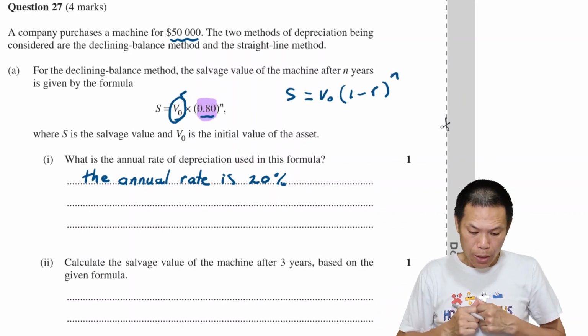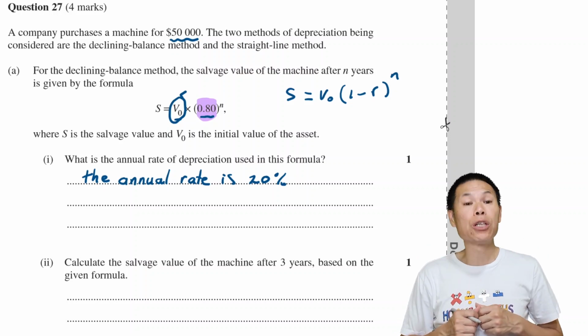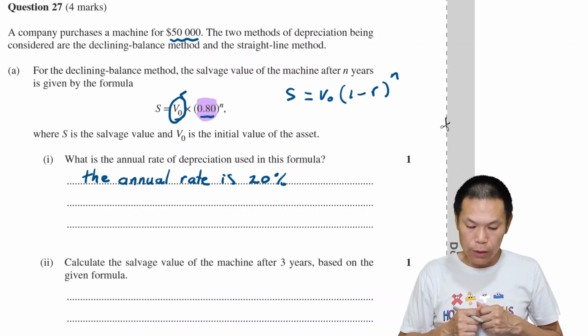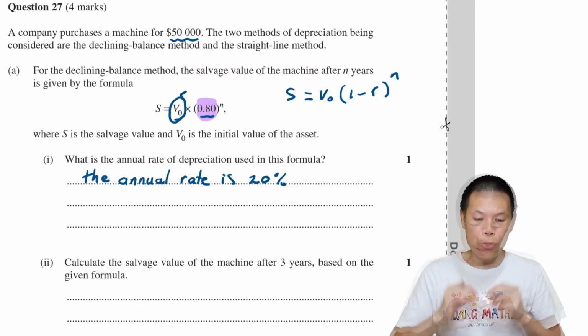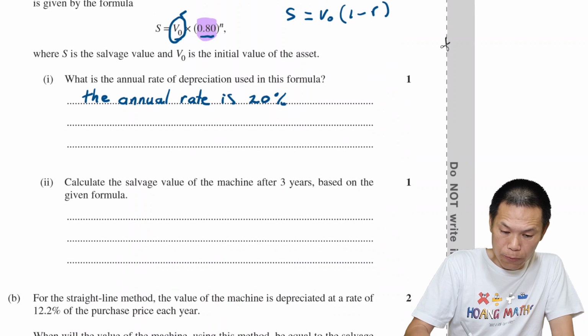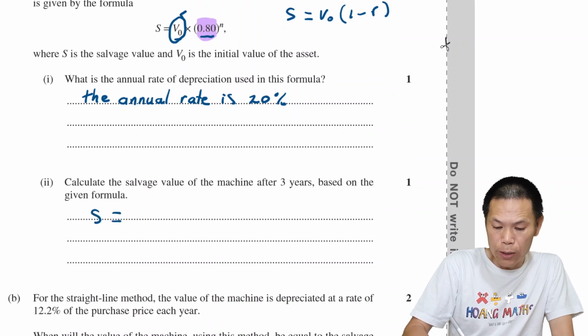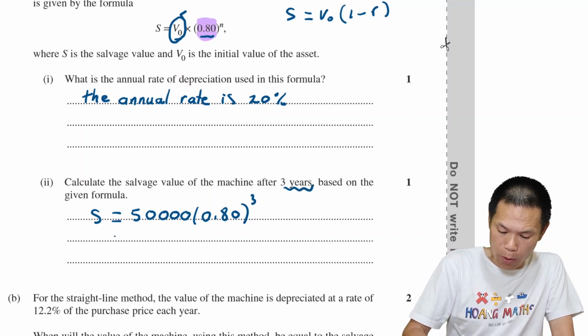Part B. Calculate the salvage value of the machine after 3 years based on this formula. So n is equal to 3, and we know that V naught is 50,000. So S, the salvage value, is V naught, that is $50,000, times 0.80 to the power of 3.